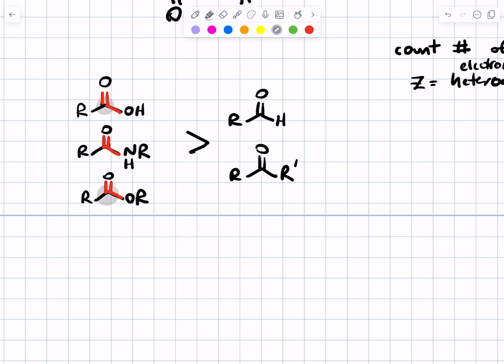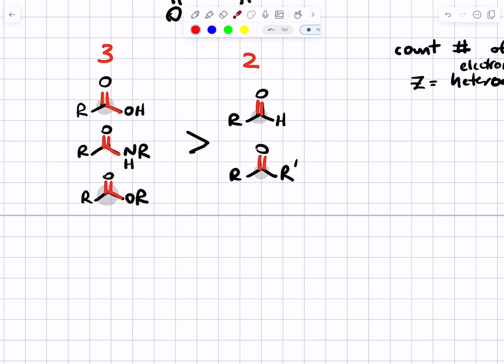And if you look at your priority list, all of these are higher in priority than these two, which have one fewer, 2 bonds to an electronegative heteroatom. See that?